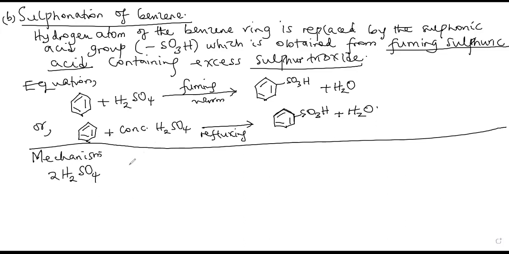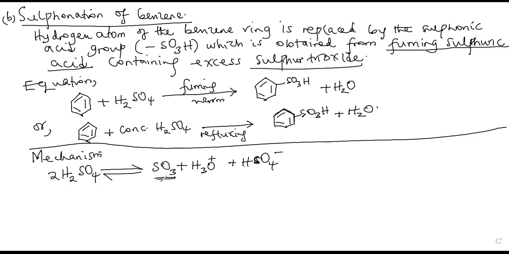We begin with excess sulfuric acid ionizing to form sulfur trioxide, because this is what we are interested in, and we shall form sulfur trioxide, hydroxonium ions, and then hydrogen sulfate ions. But our main interest is the sulfur trioxide.